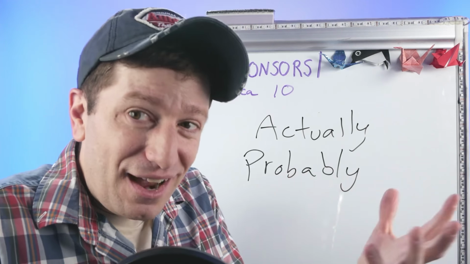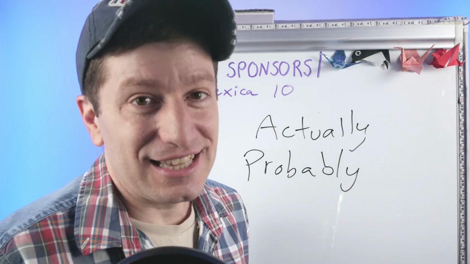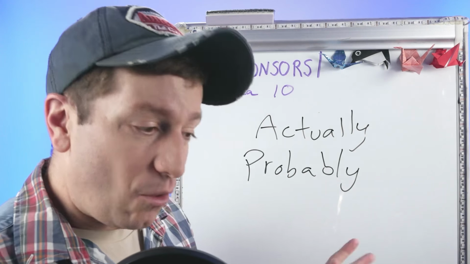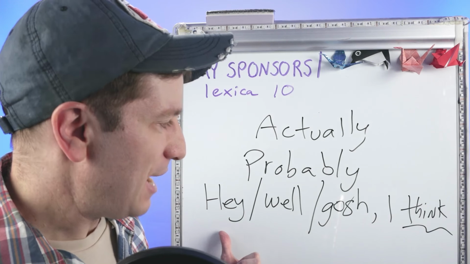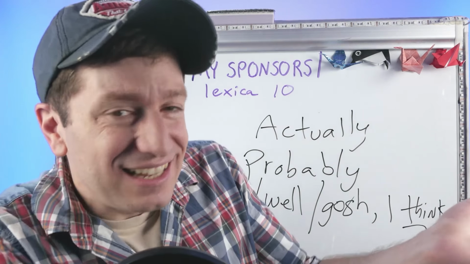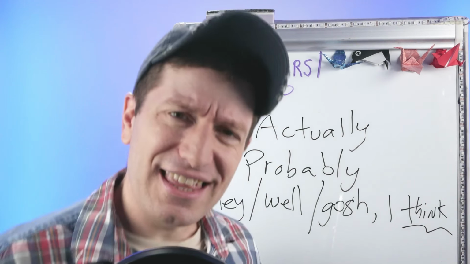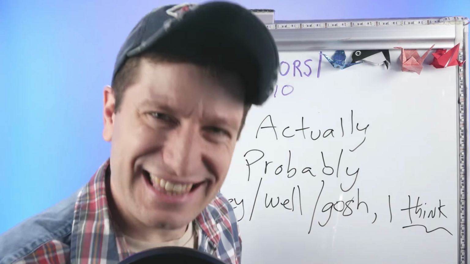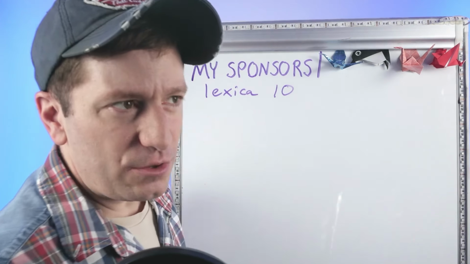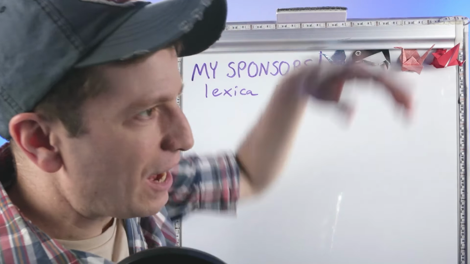It's like saying it probably or actually is like that, with a raised tone. Or it's kind of like, well, hey, I think, or, well, I think, gosh, I think. However, although this is most often taught as a way to contradict what the other person has said, it doesn't have to be contradicting them. It can simply be you're just expressing your thought.